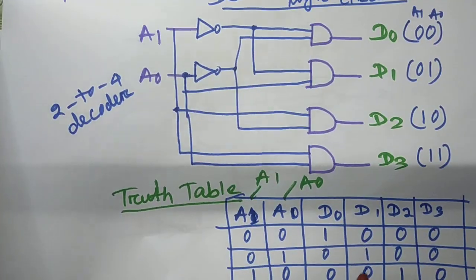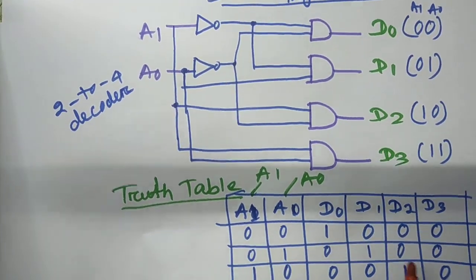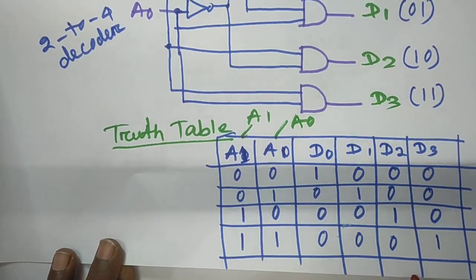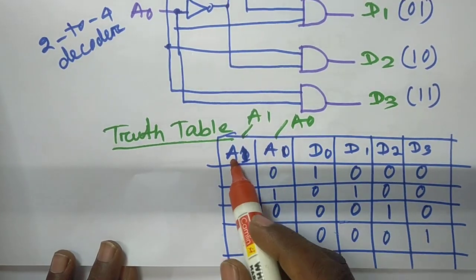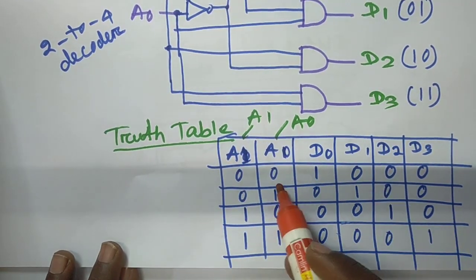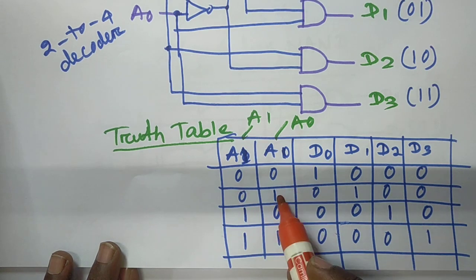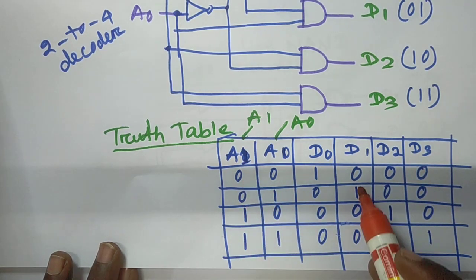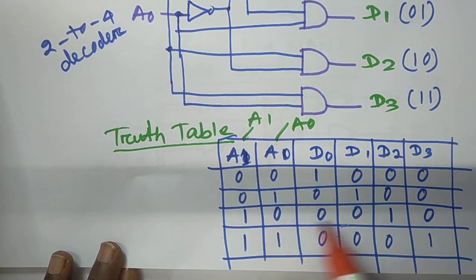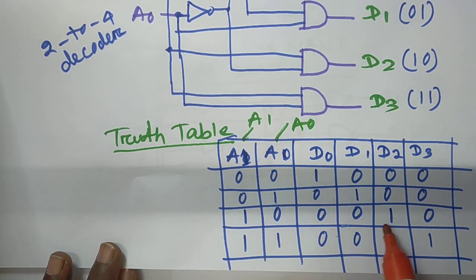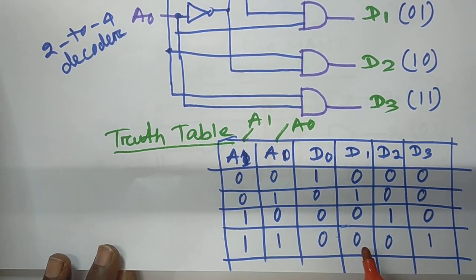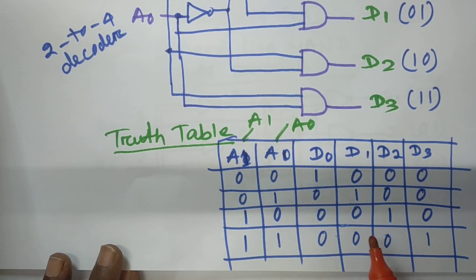In a very simple way, we have already designed: for A0, A1 both 0, D0 is 1. If A0 is 1 and A1 is 0, then D1 will be activated. Next D2, then D3 will be activated, like this, in the 2 to 4 decoder.